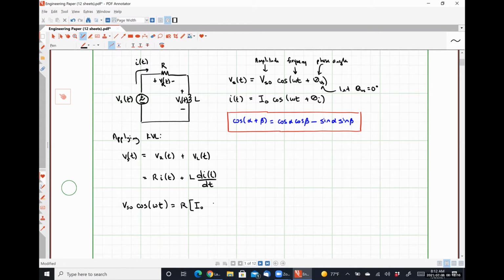So I'm going to have I naught cosine omega t cosine theta I minus I naught sine omega t sine theta I.